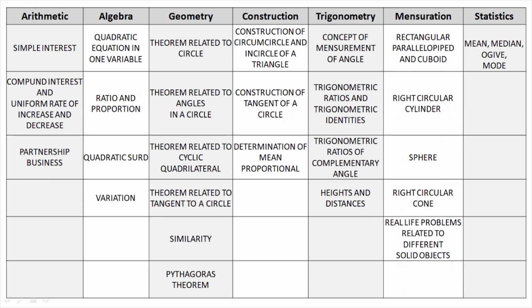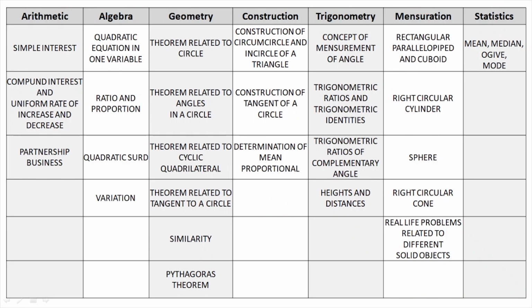After that, in statistics we have to study mean, median, and mode, and the graph ogive is also there. So this is the syllabus, which contains 26 chapters divided into 6 different segments: arithmetic, algebra, geometry, trigonometry, mensuration, and statistics.